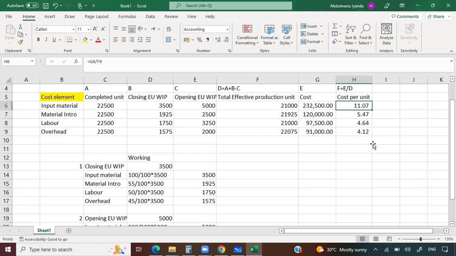So that's it. What is the total cost? It's 25. And this is what we are looking for. This is requirement A, and this is the answer.